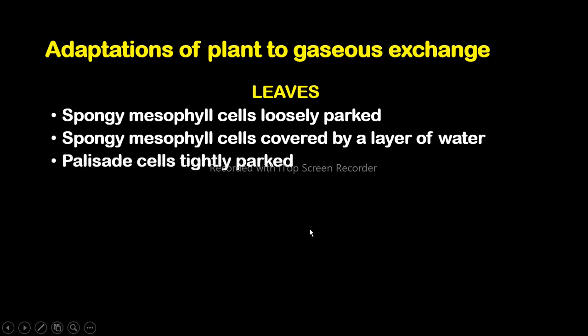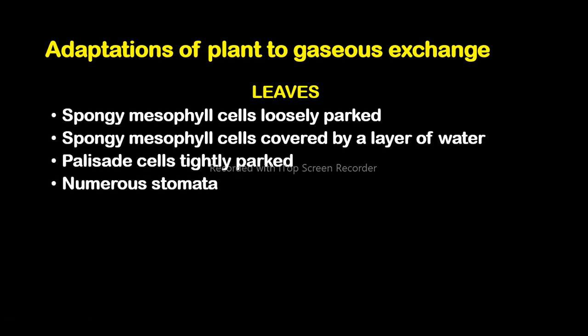Palisade mesophyll cells, or the cells in the palisade mesophyll layer, are closely packed, tightly packed. And what is that? Like you said, you reduce the distance over which these respiratory gases are going to be moved. Then numerous stomata. Yes, leaves have very many stomata.